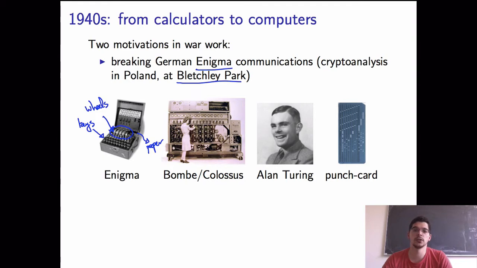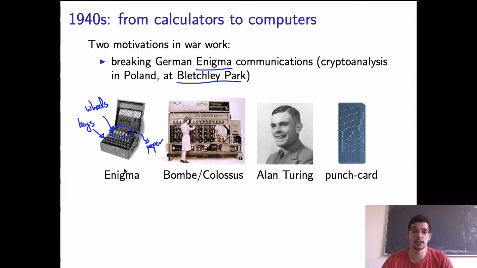So what you could do is you could take the encrypted message that could be overheard over the radio, and you could try a setting and see if the decryption using that setting would contain a word that you would expect to be in the message. And if that didn't work, well, you should just go to the next setting and try again.